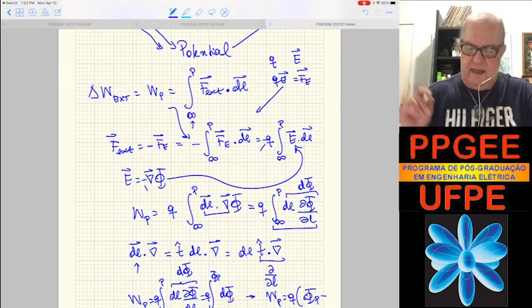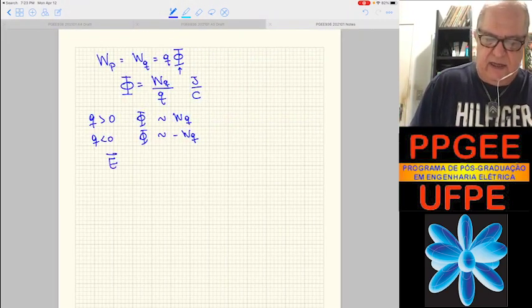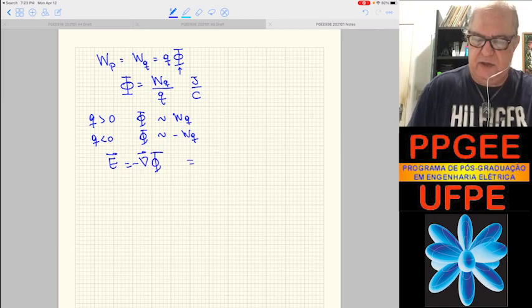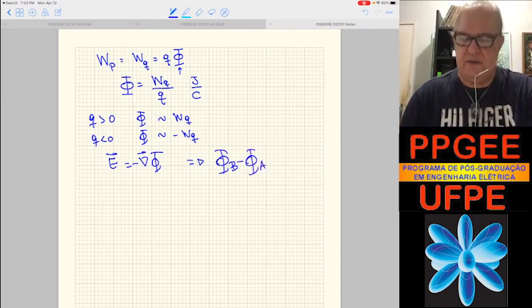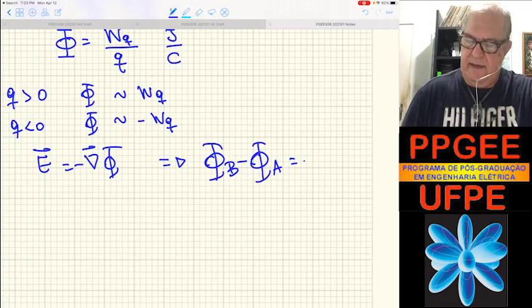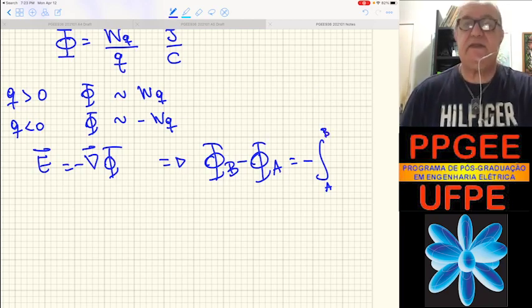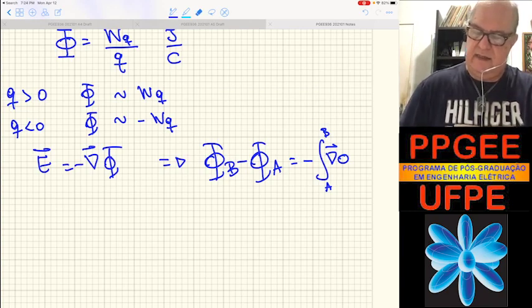Going back to the relationship between field and potential, we can calculate the potential difference between 2 points. I just made a demonstration, right? This is going to be minus the integral from A to B of minus nabla phi dL.